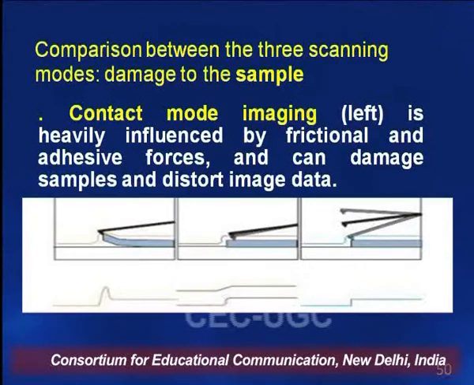So these are the points to be noted, that sometimes contact mode is not used to get the imaging of the surface because of the friction and adhesive forces, and it can damage the surface and we can get a distorted image of the sample.